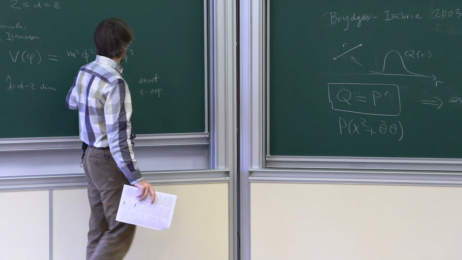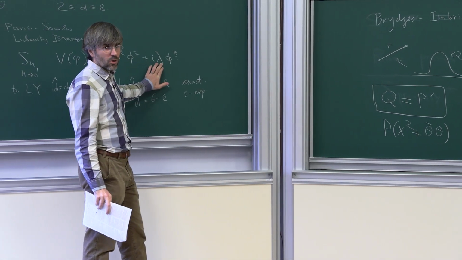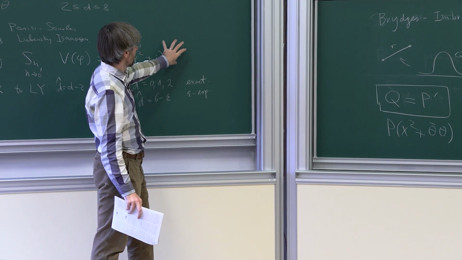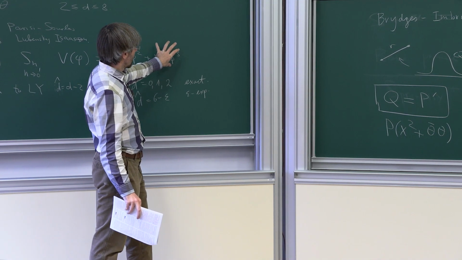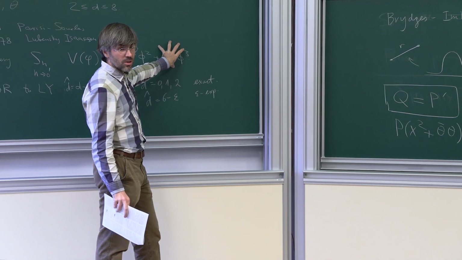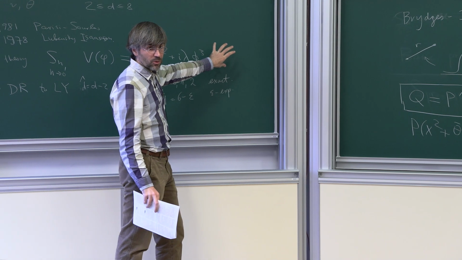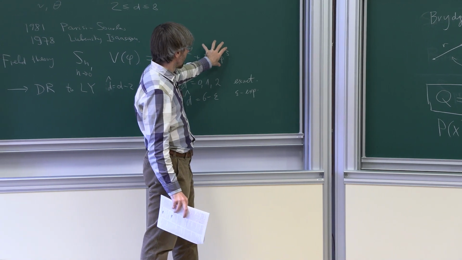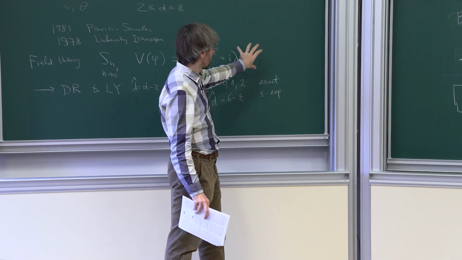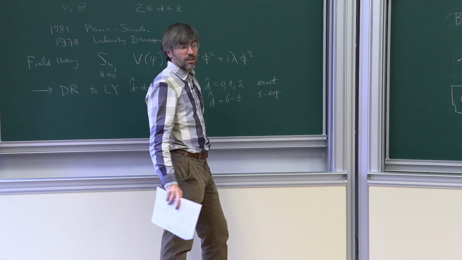Phi 4, yeah, you can consider, but what is important is that the cubic interaction is the most relevant one. You can add phi to the fourth, but it is going to be less relevant compared to the cubic. So it's the cubic one which is going to determine the infrared dynamics.